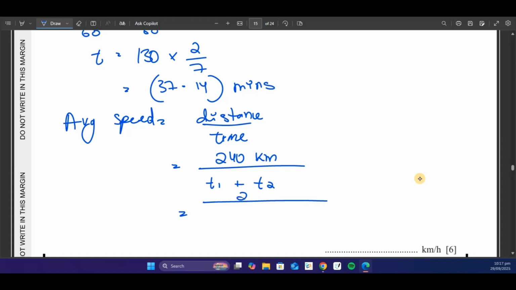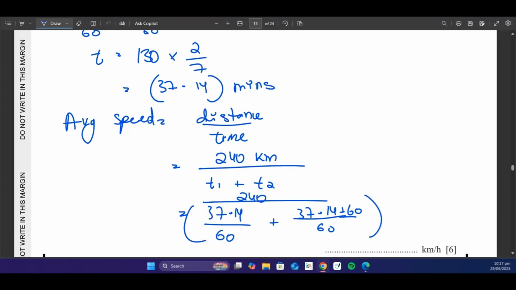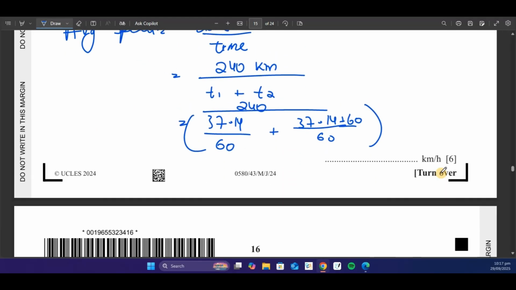Basically 240 over 37.14 divided by 60, because we're converting into hours, plus 60 over 60, because again we're converting into hours, and that should give us a final answer of 107 kilometers. And that is our final answer.